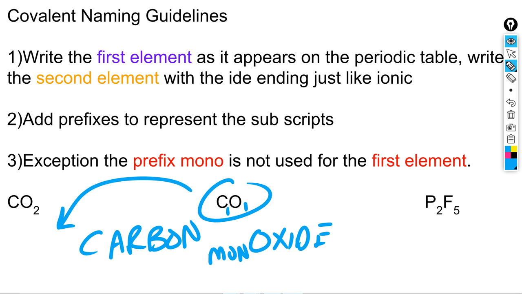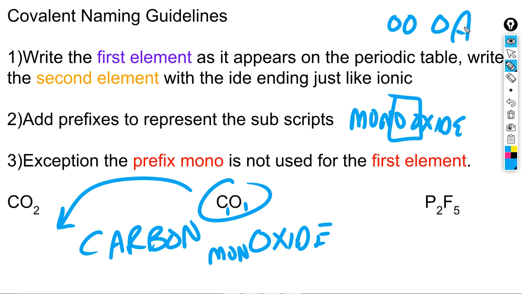And we drop the second O. We don't write monooxide. When this connection between the prefix and the element is OO or OA, we go ahead and drop the second vowel. Carbon monoxide.